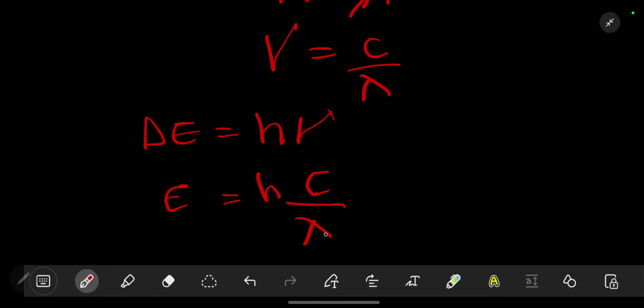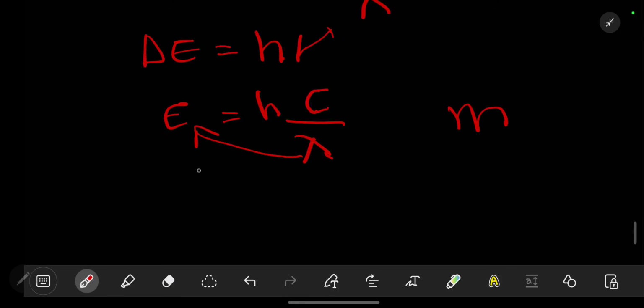Now one thing you need to know is that the wavelength will be in meters. So let's make the wavelength the subject of the formula. Our energy times the lambda should be equal to hc.